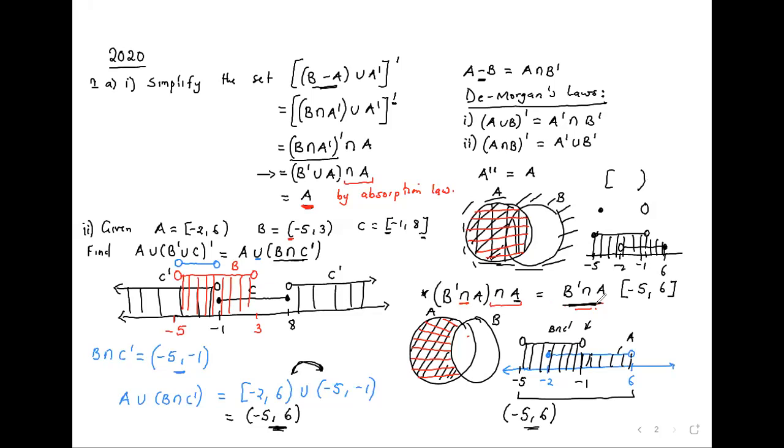So B complement intersection A is a subset of A. So when you intersect them, you get the subset. So we're demonstrating that if this is A and this is B, B complement intersection A will be this section of A. That section of A, intersection A, is just that same section of A.